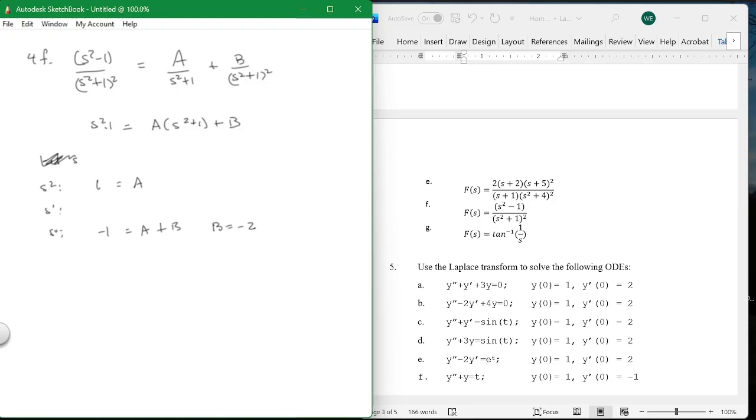Okay, what is 1 over s squared plus 1? What is that in terms of time domain? That is sine of 1t, or just sine of t. That's the conversion of that one. What about this squared?